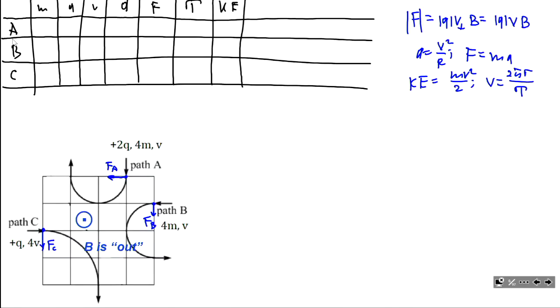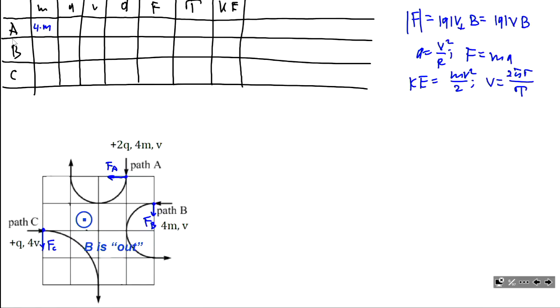So what do we know? Well, for particle A, we know that its mass equals 4 times m, and that little m represents some kind of a factor.